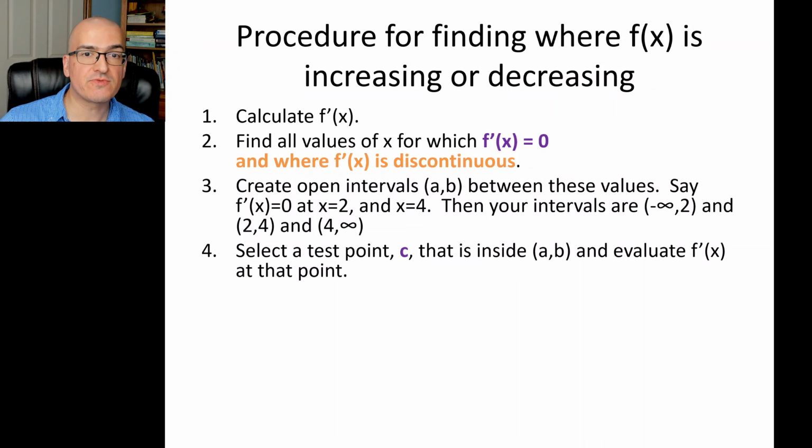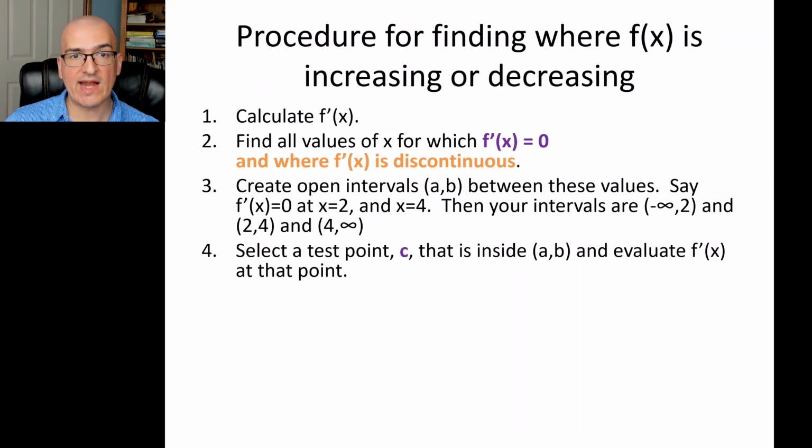Then inside each region, we know that the function's either always increasing or always decreasing. So all we have to do is perform a diagnostic check on the derivative of the function at some test value that's inside that region. So some test value that's between the endpoints of that region.